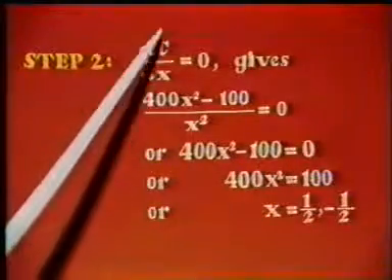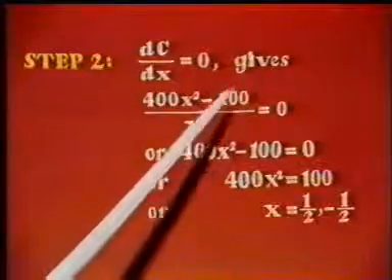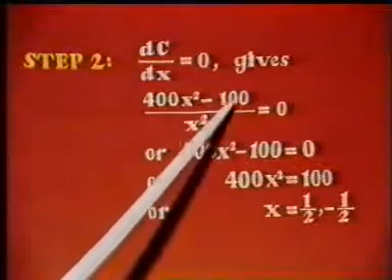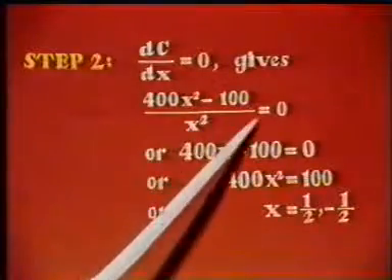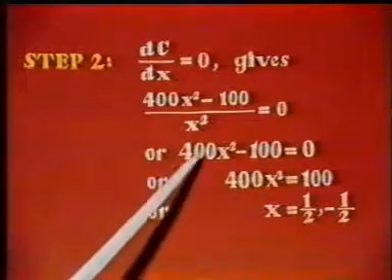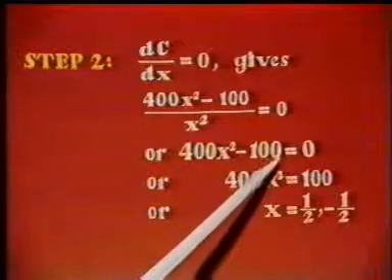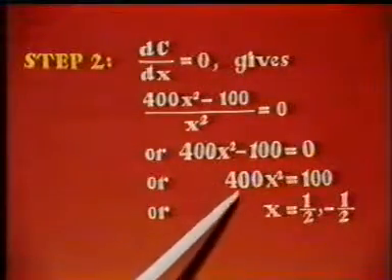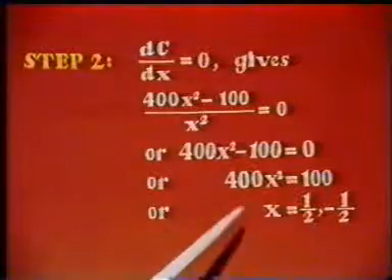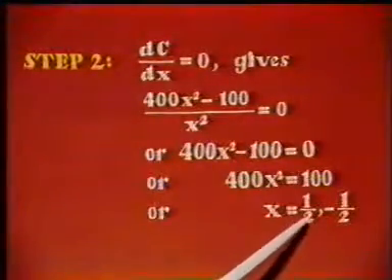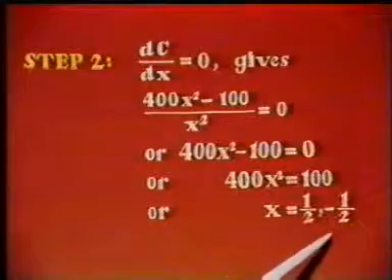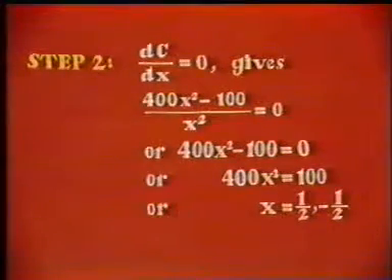Step 2, dC upon dx is equal to 0 gives 400x square minus 100 divided by x square equal to 0, or 400x square minus 100 is equal to 0, or 400x square is equal to 100, or x is equal to 1 by 2 and minus 1 by 2. x being the cross section of cable, x cannot be negative. Therefore, x is equal to minus 1 by 2 is not possible. We shall consider only x is equal to 1 by 2.